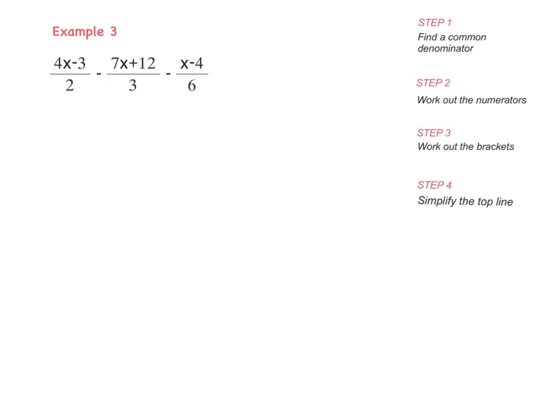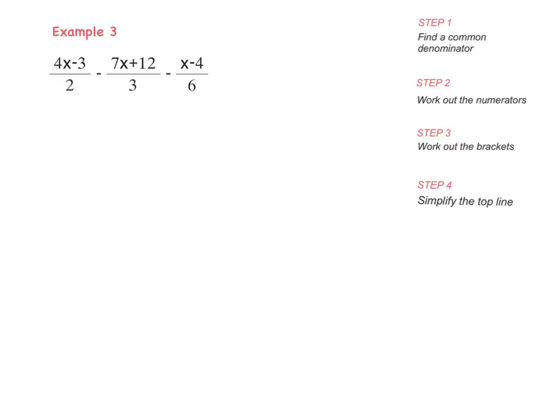Okay, and this is the last question, and we have 3 fractions in here. Follow the steps all the time. That's the tip. So let's start. Now we have 3, 2, and 6 as the denominators. We need to find a common one. So the lowest common multiple for 2, 3, and 6 is 6.